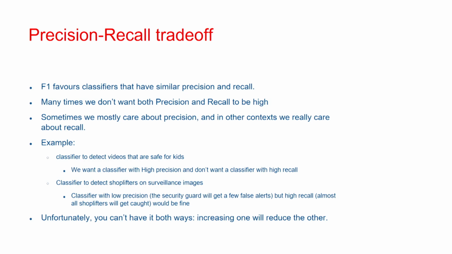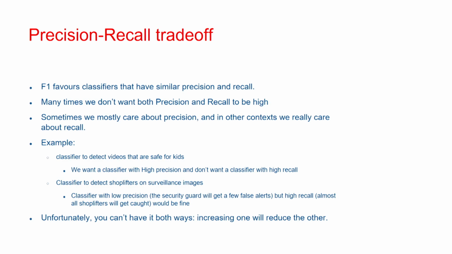In this case we want very high precision, because this will not classify any porn video as a safe video if precision is high. And in this case, if recall is low, it is okay, but precision must be high.